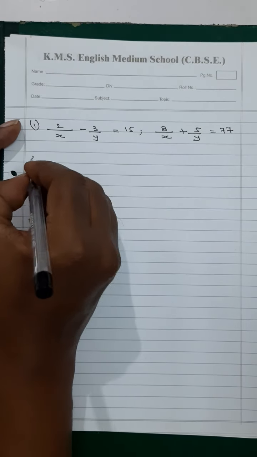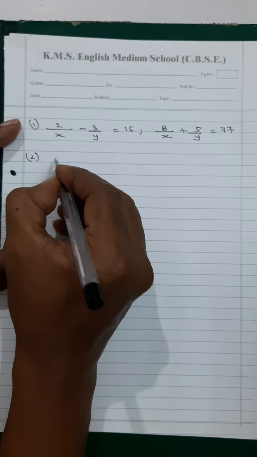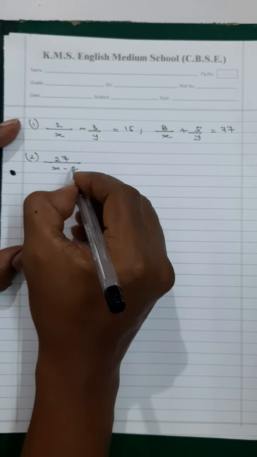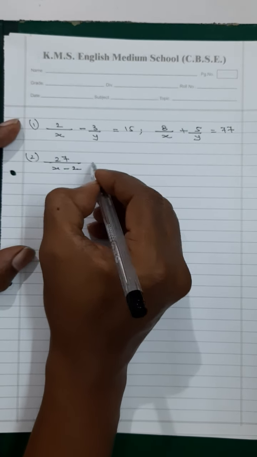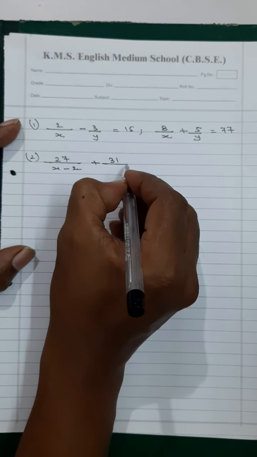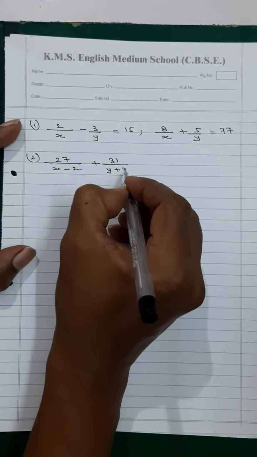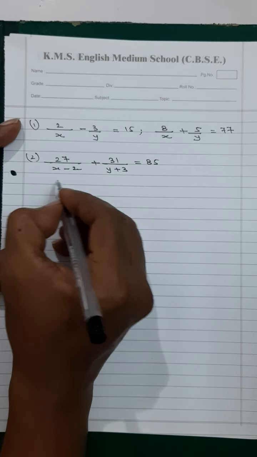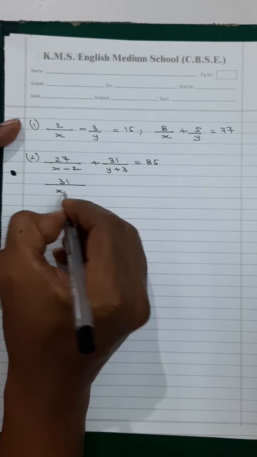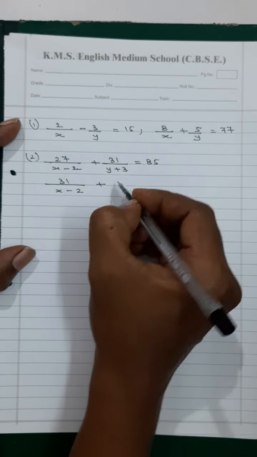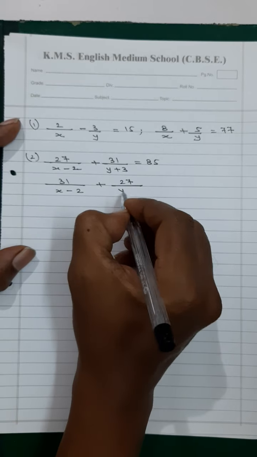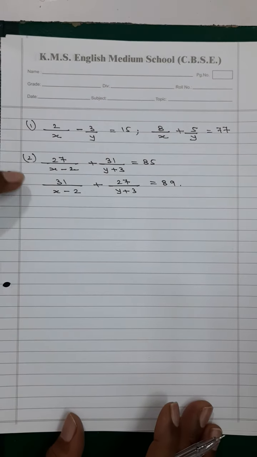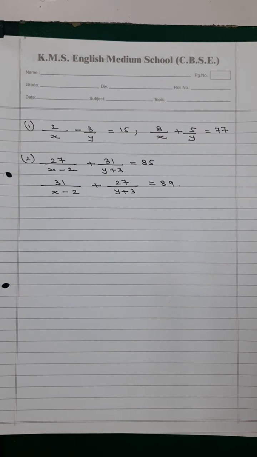And then we have got one more question for you all people. 27 upon x minus 2 plus 31 upon y plus 3, slightly different, is equal to 85. And then you have got 31 upon x minus 2 plus 27 upon y plus 3 is equal to 89. Dare to play with this question. Dare to play. There are lots of things over there.